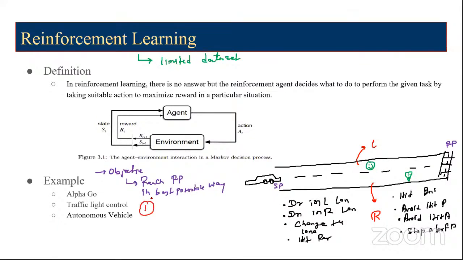In the first iteration, when this model is not aware of the reward or penalty associated with these actions, the machine is only aware of the objective, which is to reach the finishing point in the best possible way. So what actions will this machine take? The first action is drive in left lane. Now in the left lane you have a person.